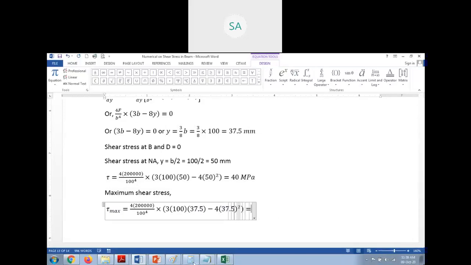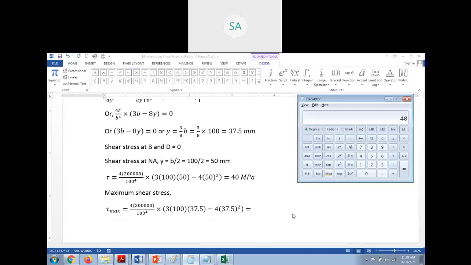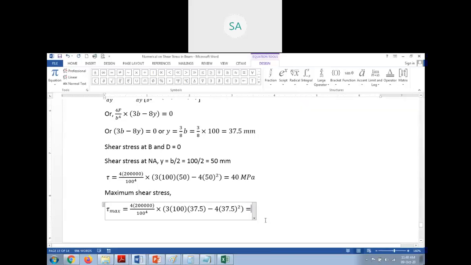That is equal to, let us calculate this, 200,000 into 4 by 100 raised to 4 is this, into 3 into 100 into 37.5 minus 4 into 37.5 square. So it is 45 megapascal.